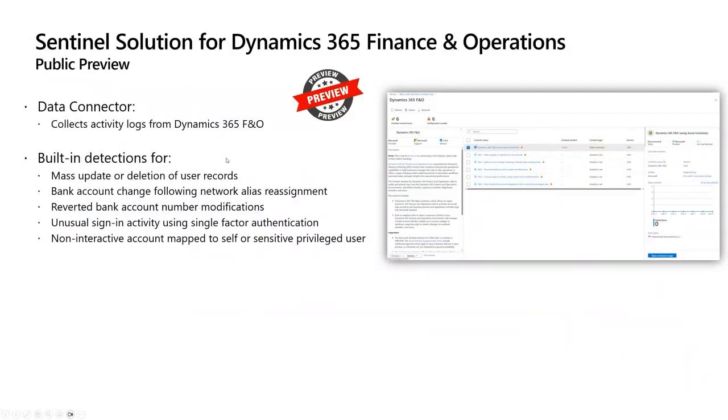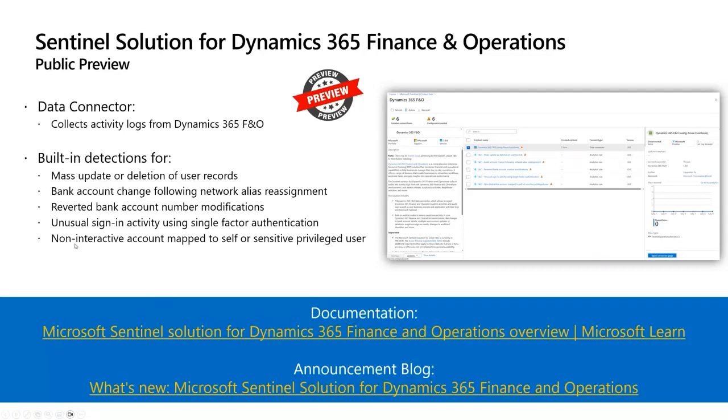So FNO, our ERP side of the game, includes somewhat more limited capabilities: a data connector that collects activity logs from Dynamics 365 FNO. It's based on the Dynamics 365 FNO APIs. We'll look at the architecture in a moment. And it has built-in detections for different activities that we believe are suspicious and relevant from the ERP perspective.